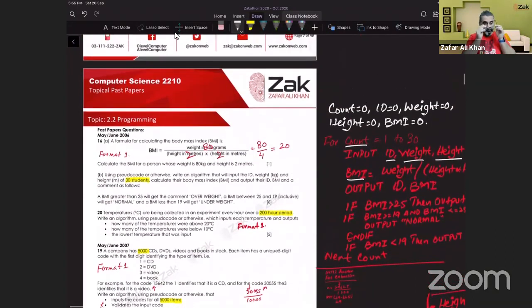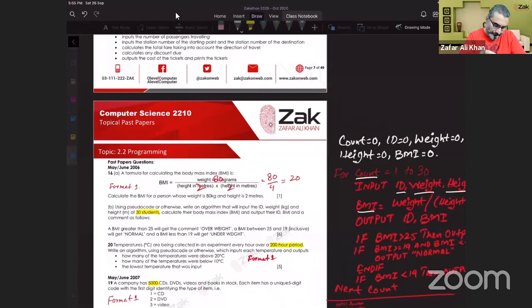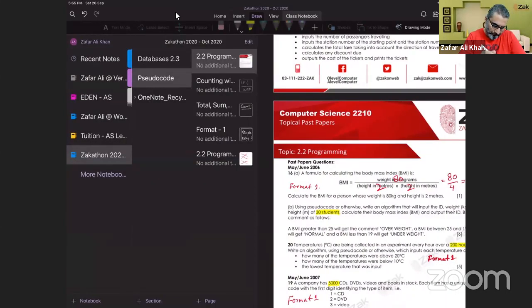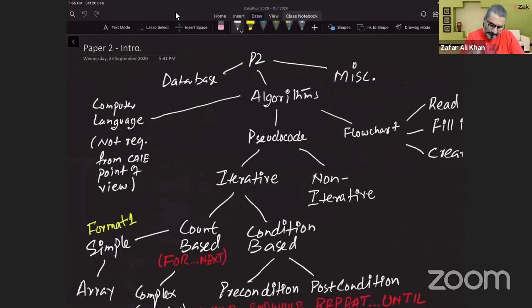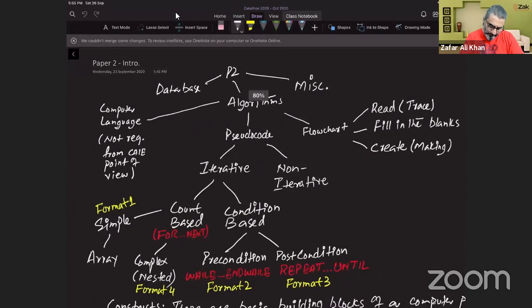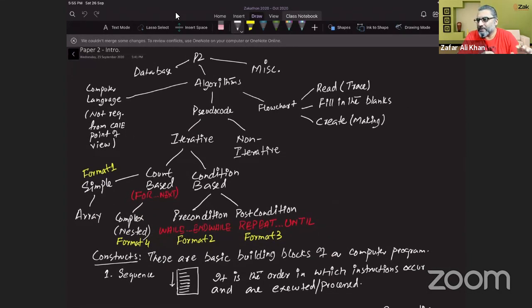Format 2 is while. While. That is a condition-based format. If you do remember, we discussed this. So simple count-based for next format 1 is completed.